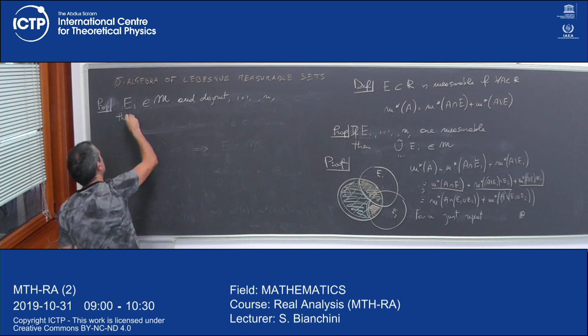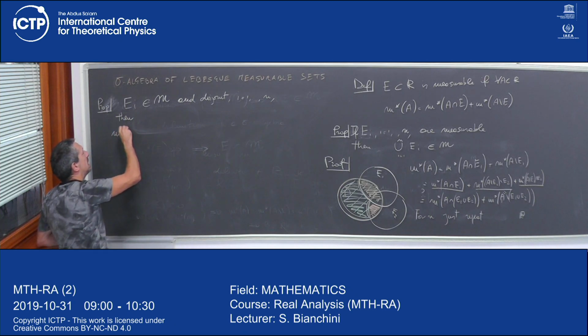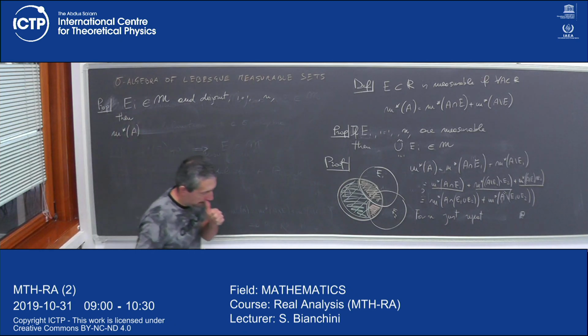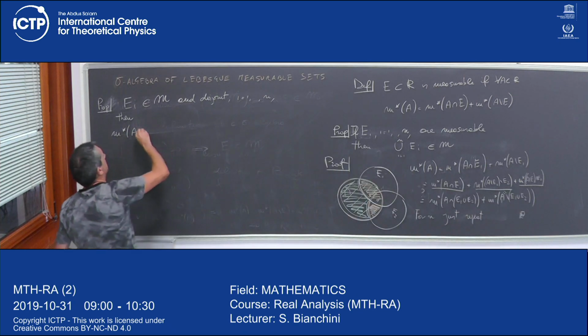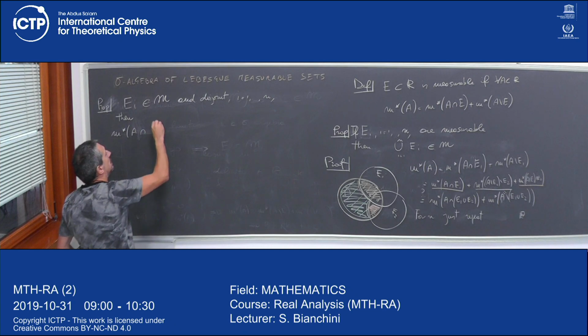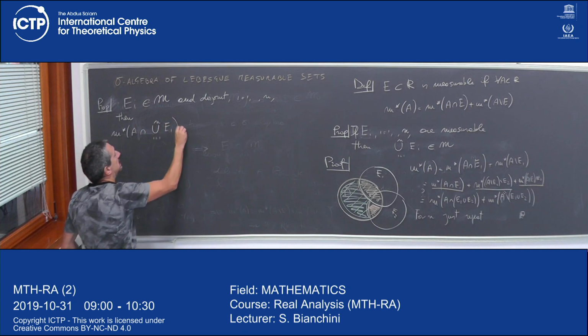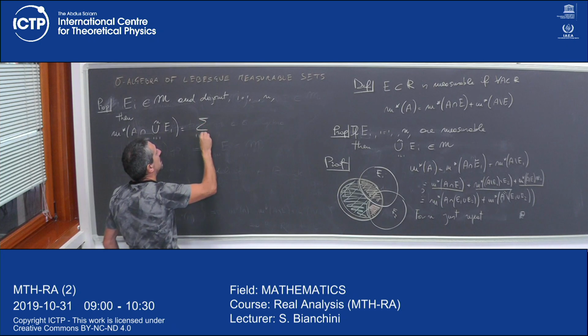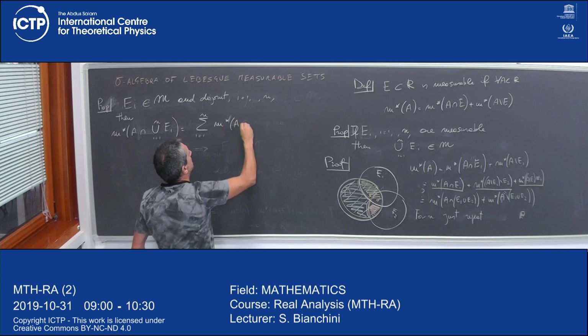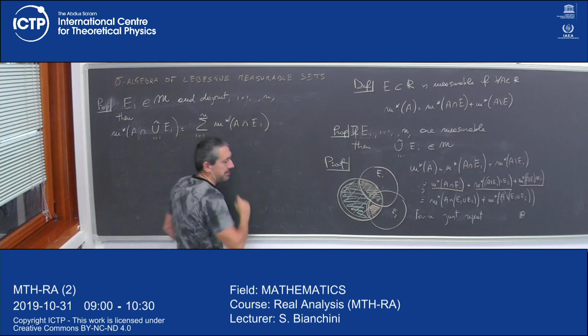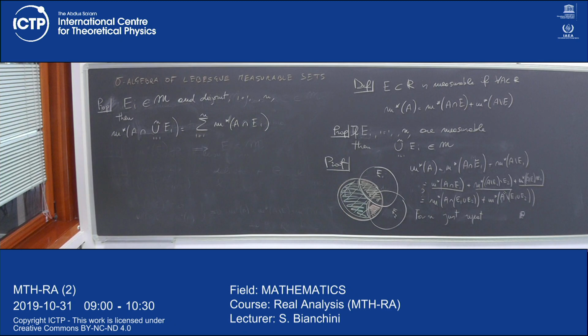Then M star of A intersection the union of Pi is equal to the sum of M star of A intersection Pi. So now we understand why this is the case.